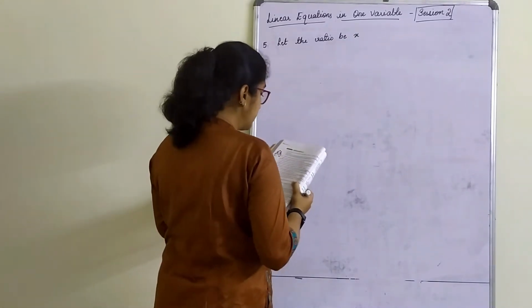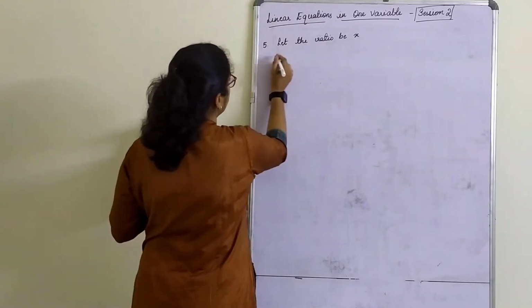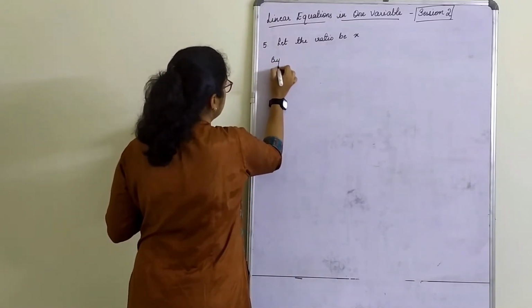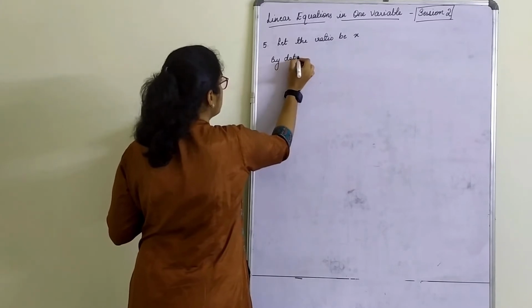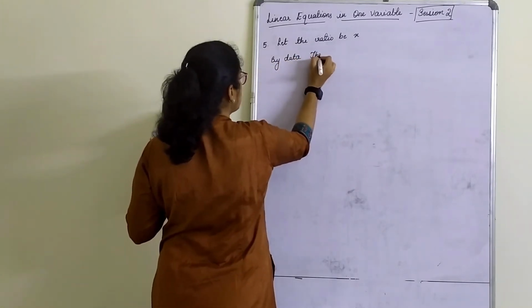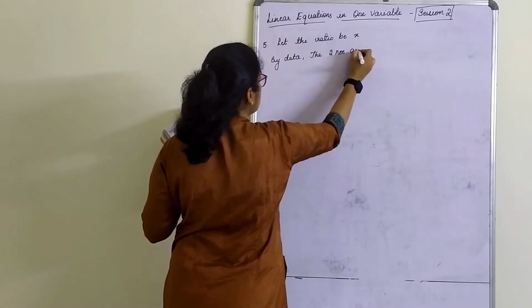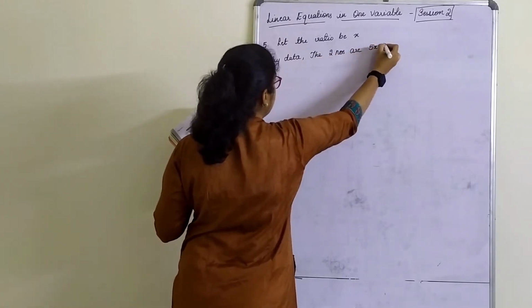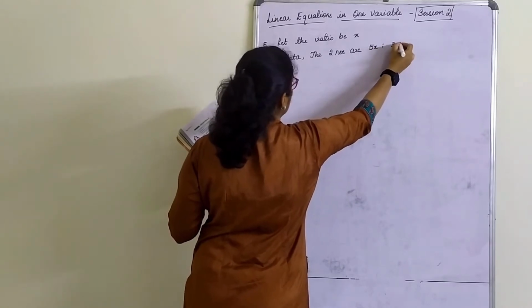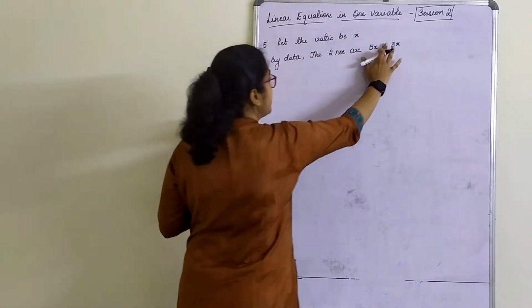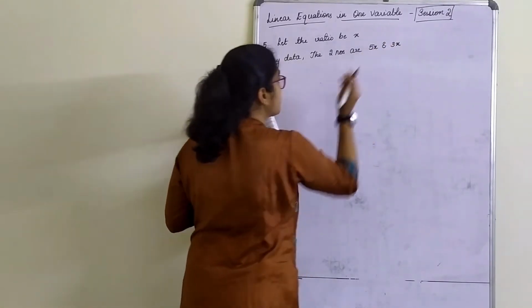Two numbers are in the ratio 5:3. By data, the two numbers are 5x:3x, or 5x and 3x.